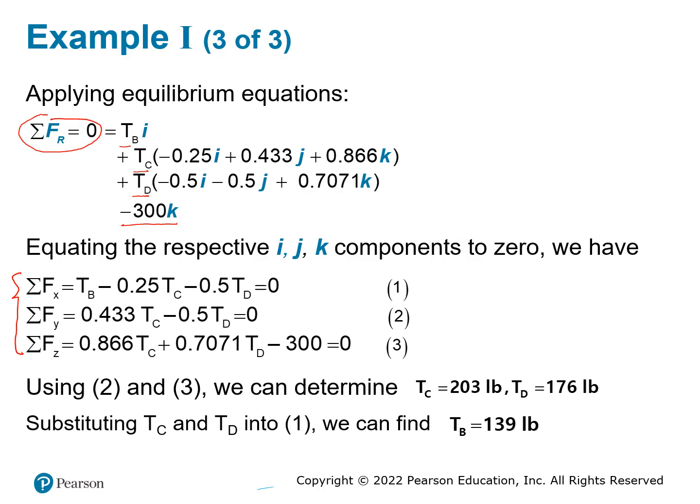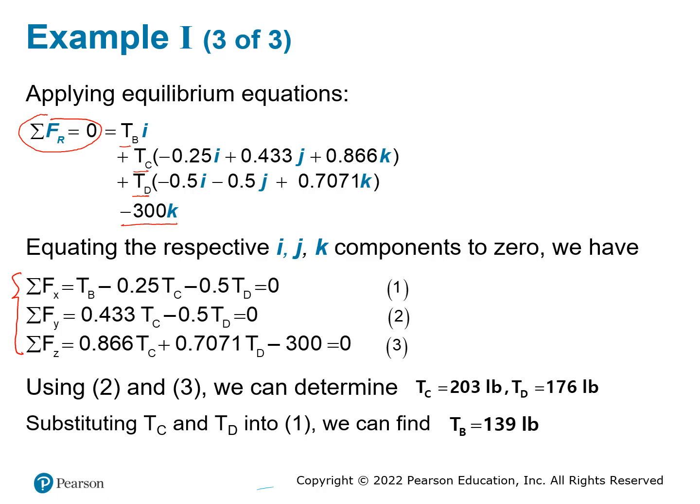I strongly recommend that you practice how to solve these kinds of equations. In statics, the most common situation is going to be three equations solving for three unknowns, and you should be able to do it.